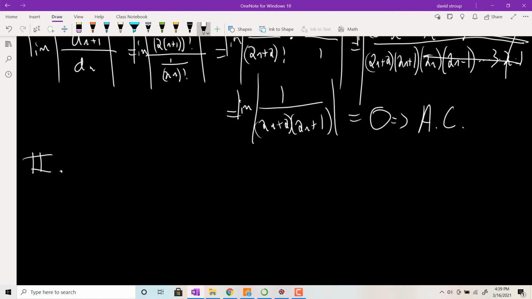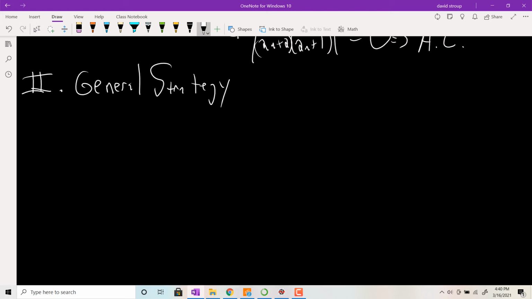What I want to give to you here is just a general strategy for testing, and you may even want to try to build a flow chart to help you out. In the book Calculus for Dummies, I think they have a flow chart in there for this kind of stuff.